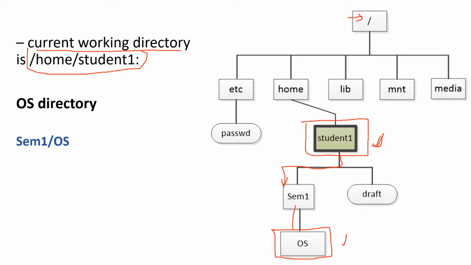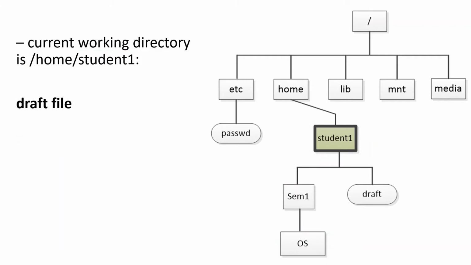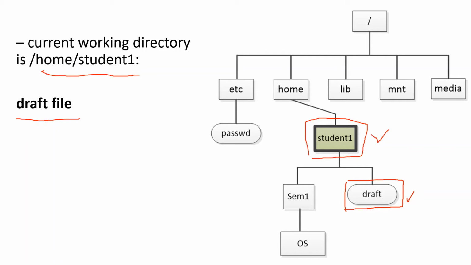Let's go for the second one, the draft file. We are finding the path for draft, and now we are in student1. From student1 to draft, the file is just in the student1 directory.